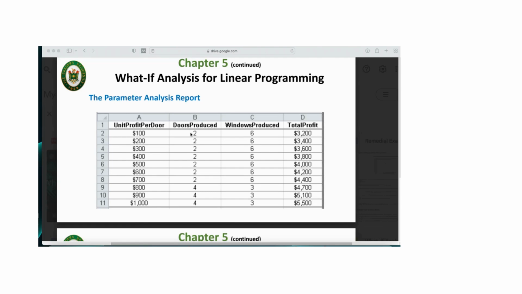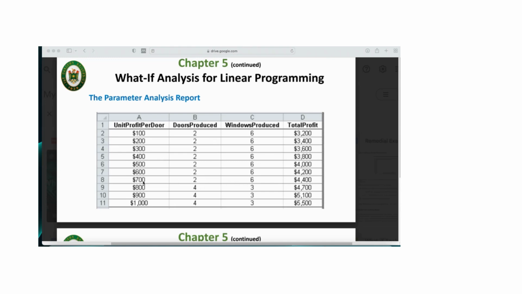And look at the optimal solution. We have the combination of 2 doors and 6 windows, and they remain unchanged up to this point. When the parameter was changed to 700, up to that change, the optimal solution remains the same.